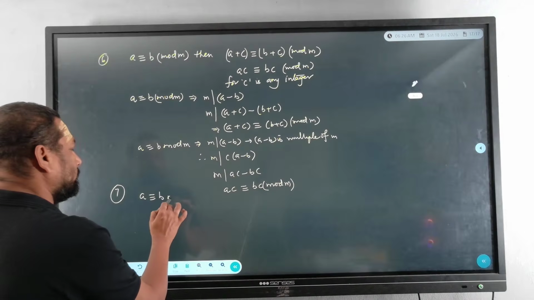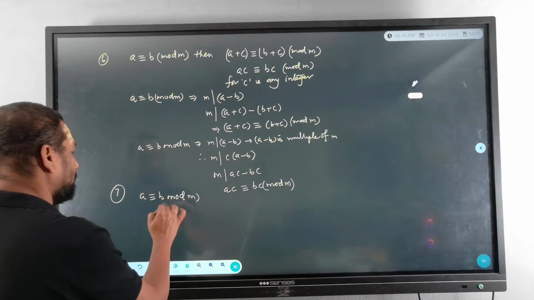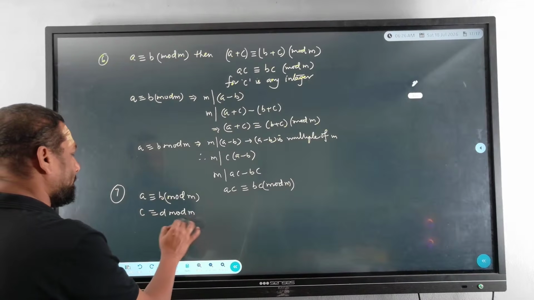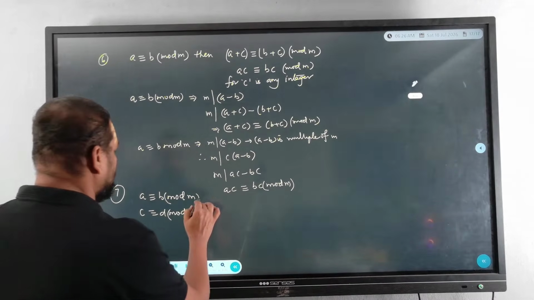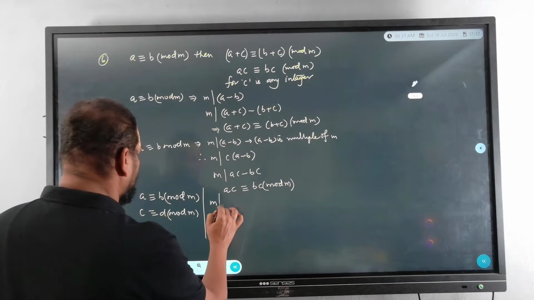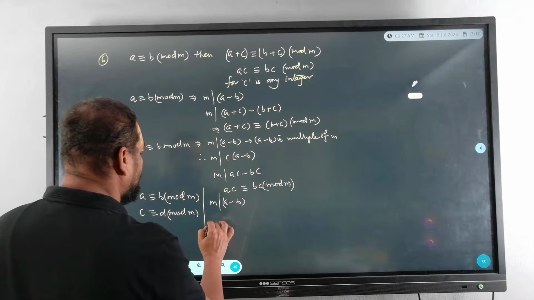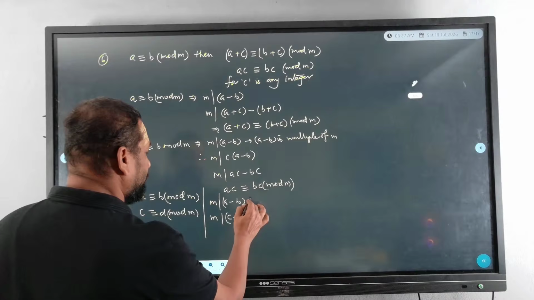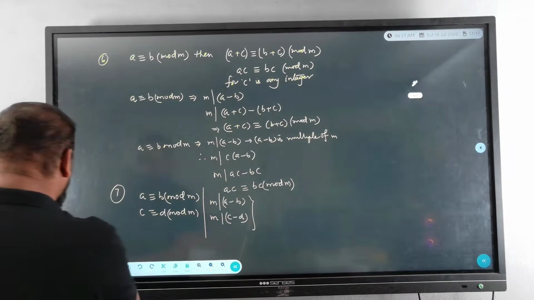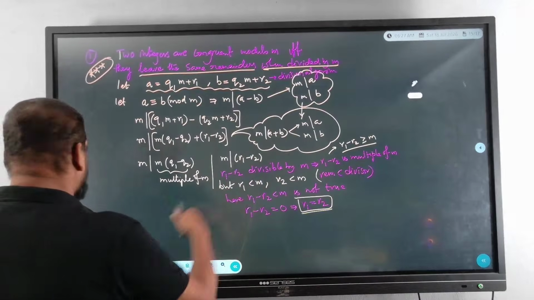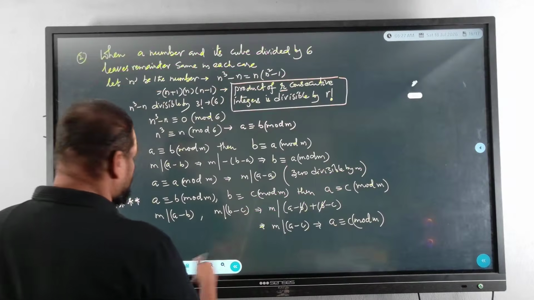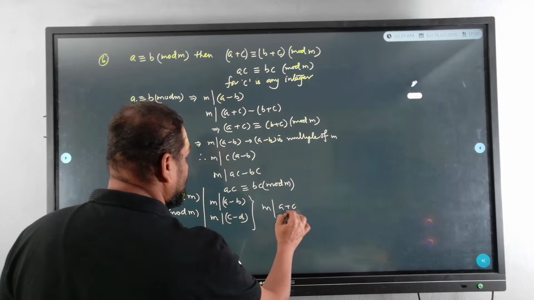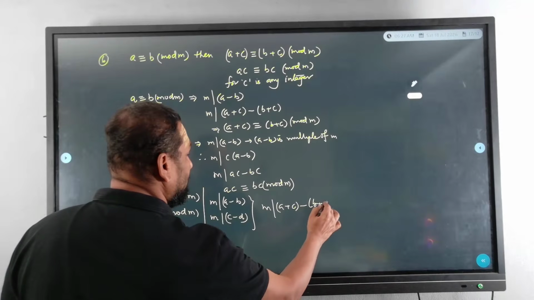A congruent to b mod m, c congruent to d mod m. This means m divides a minus b, and m divides c minus d. By taking these two, see the previous property, their sum also: m divides a plus c minus b plus d.